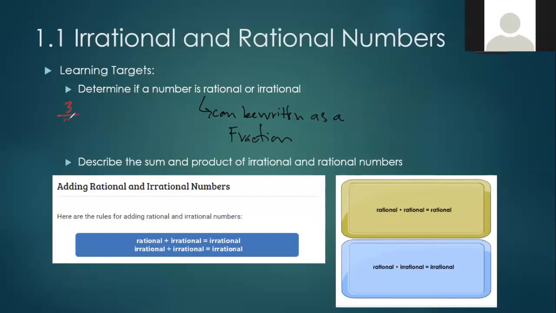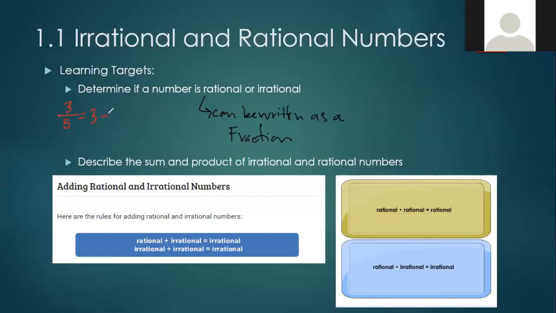Let's look at this example, 3/5. This is a rational number. Use a calculator. You can use Google if you don't have a calculator next to you, or use your phone. How do we turn 3/5 into a decimal? Because that's the secret sauce here for this lesson.